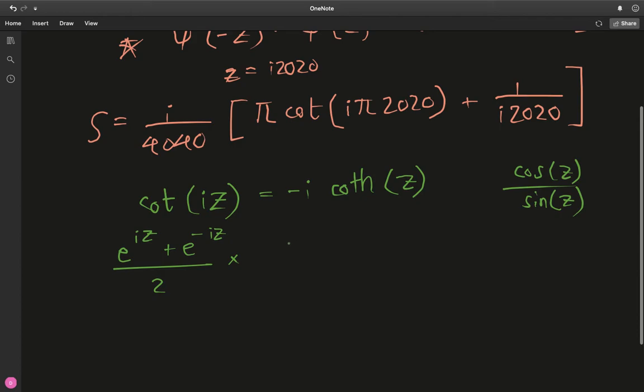So the reciprocal of sine is basically 2i over e to the iz minus e to the negative iz. So the 2's are cancelling out.